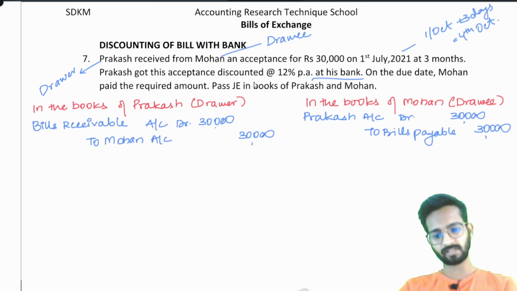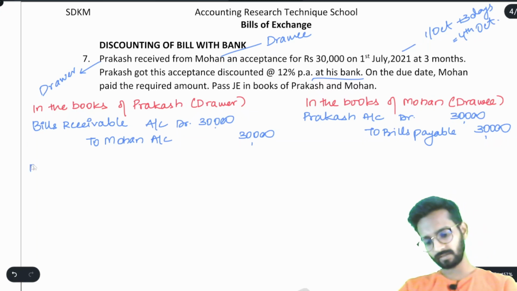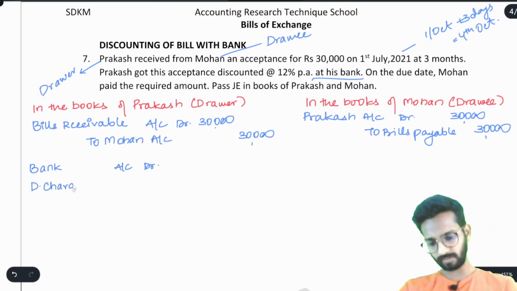Prakash got this acceptance discounted at 12% at his bank. So what was the journal entry? Bank account debit, discounting charges account debit. What have we given to the bank? We have given bills to the bank. So to bills receivable.